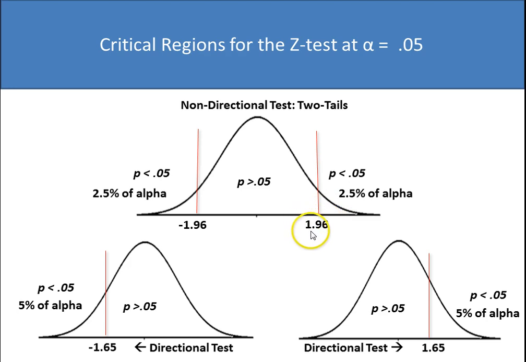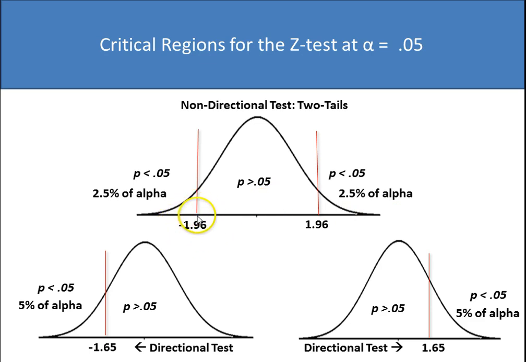This 1.96 and this negative 1.96 are z-scores. Remember, z-scores locate very specific points on a distribution. So 1.96 is the z-score where you see this line right here, and this critical value of 1.96 separates the top 2.5% of the distribution from the rest of it.